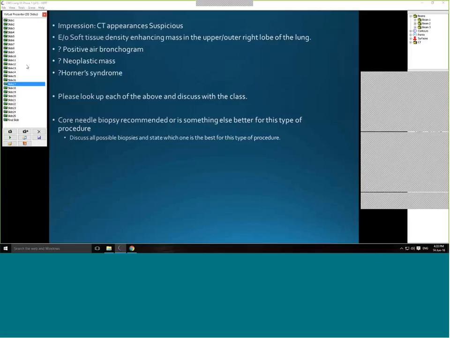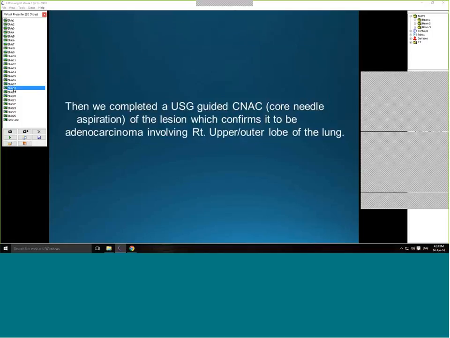Each of the student groups can choose one of the 3 different types of biopsies, if they choose to do so, and explain each of them in terms of their side effects as well. They use the USG guide, which will define the core needle aspiration or any of the other aspirations. And here, our diagnosis confirmed it was adenocarcinoma of the right upper outer lobe of the lung.